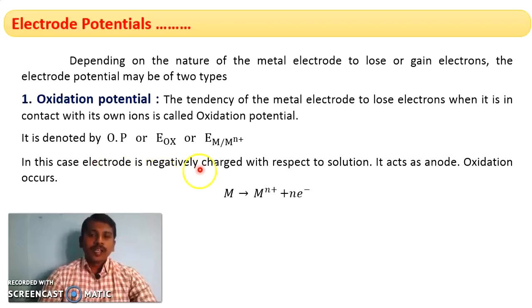The electrode is negatively charged with respect to the electrolytic solution, and the electrode acts as the anode. Oxidation occurs at the electrode. The chemical reaction occurring is the oxidation reaction, represented by M gives M^n+ plus n electrons. This is oxidation potential.